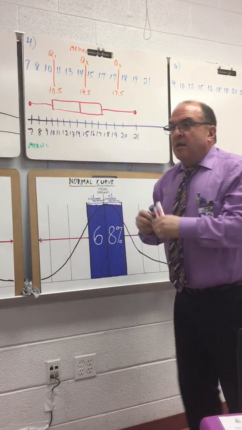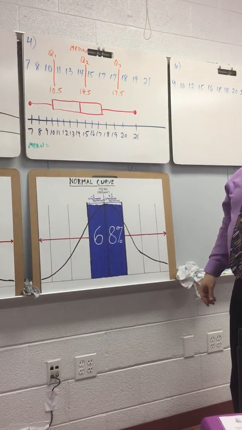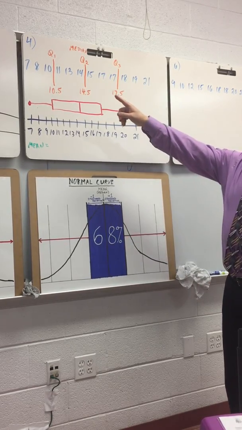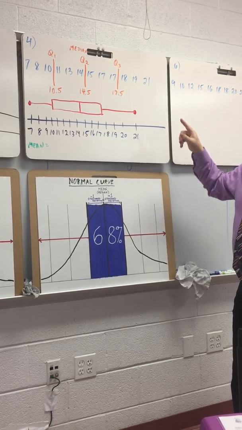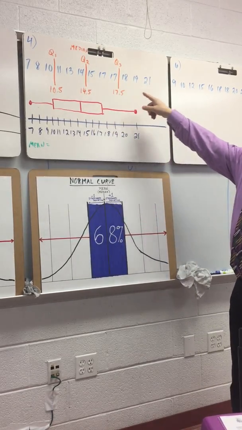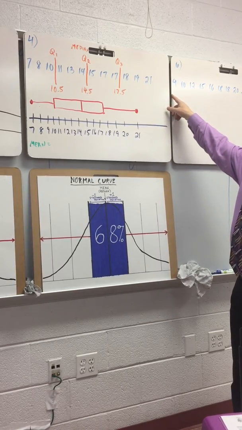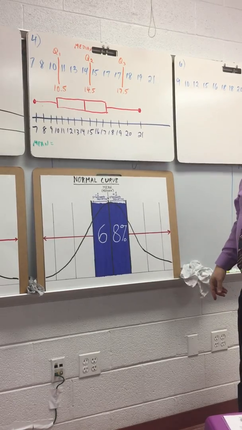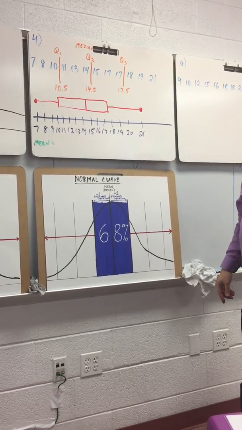You got 15.1? 14.1? How did you do that? Did you add up all the numbers? 7 plus 8 plus 10 plus 11 plus 15. Can you tell me what you got when you added them all up? You can do 15.1 times 12. That'll give you the same thing.